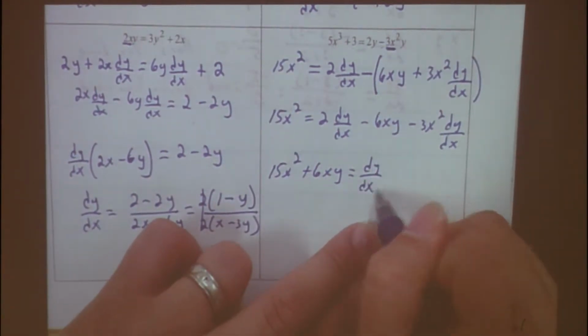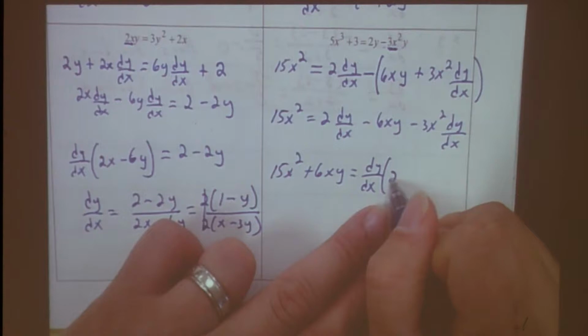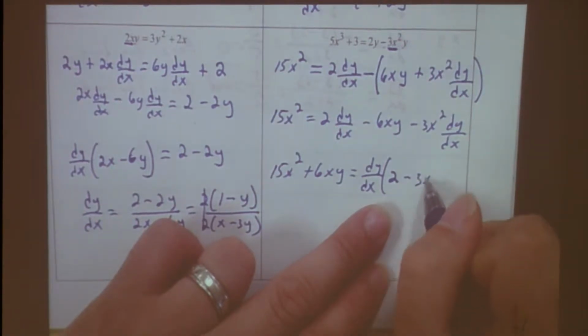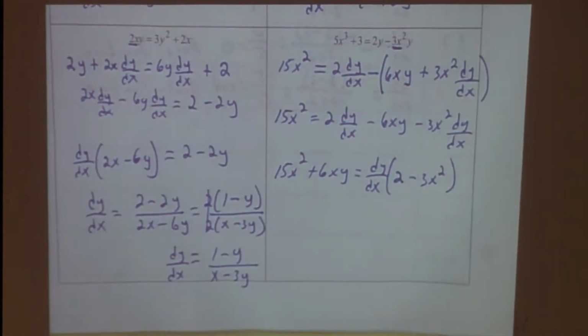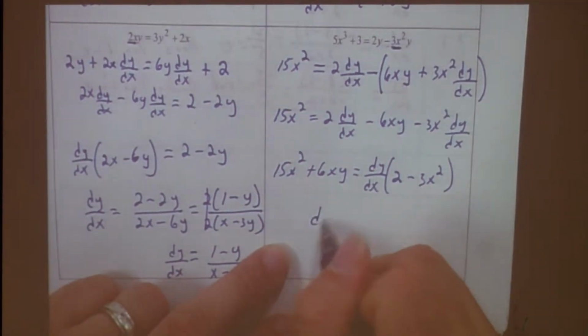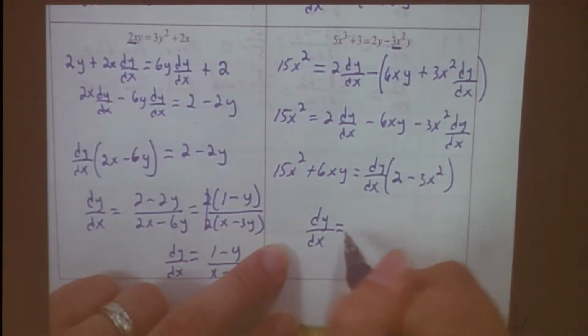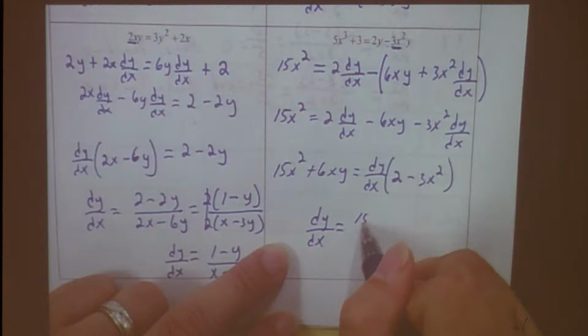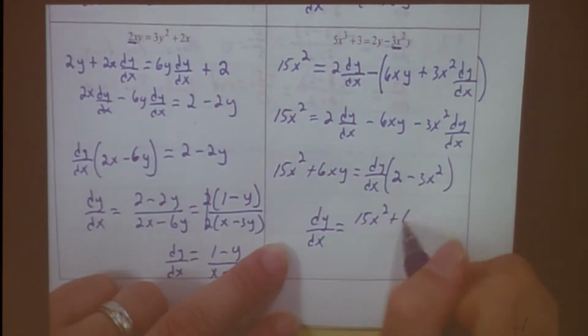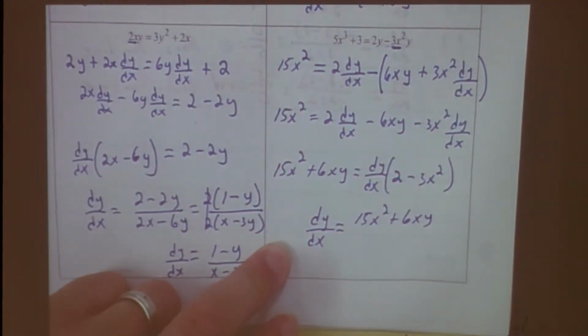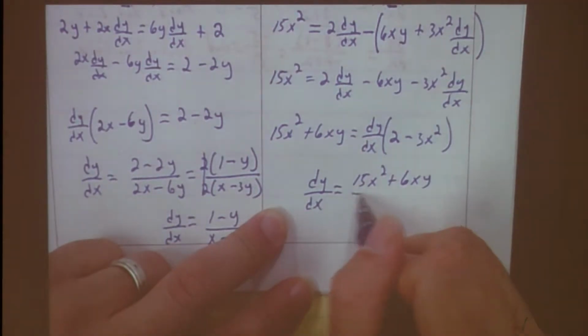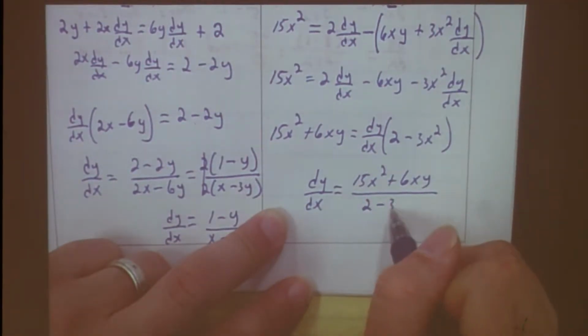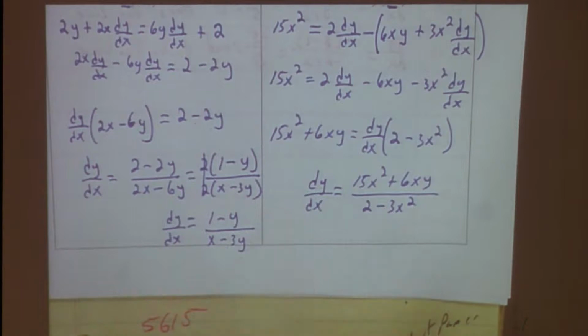Yes. What should be left over? 2 minus 3x squared. Beautiful. And we're going to divide. So our final answer should be dy/dx equals, what goes on top? 15x squared plus 6xy, over 2 minus 3x squared. Can we do anything after that? No.